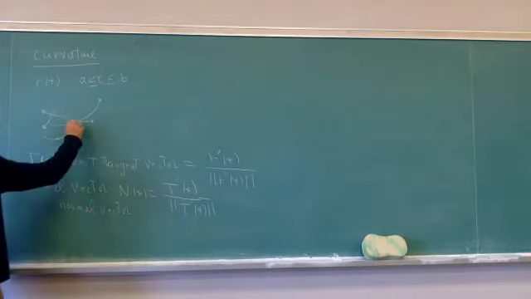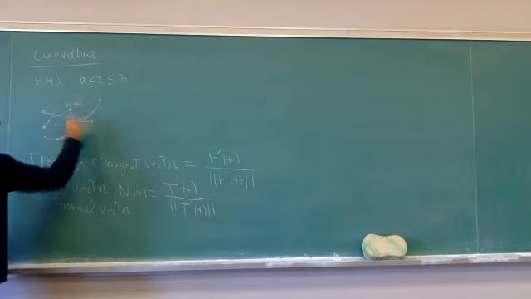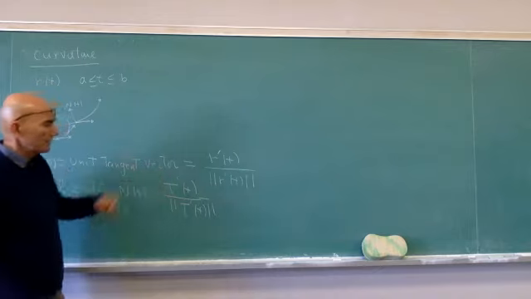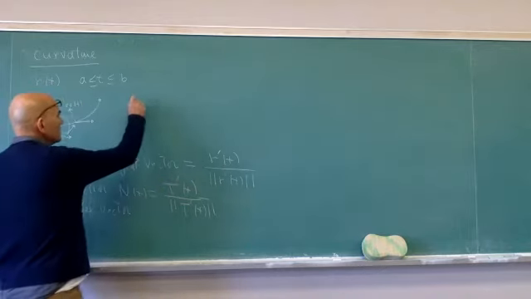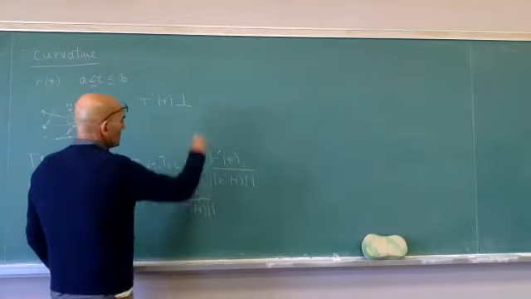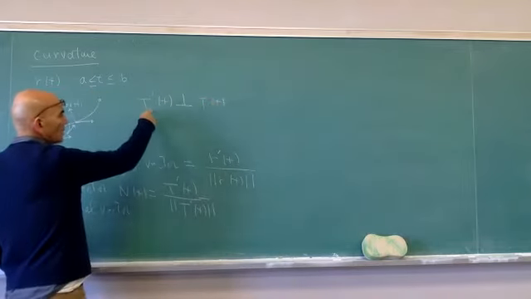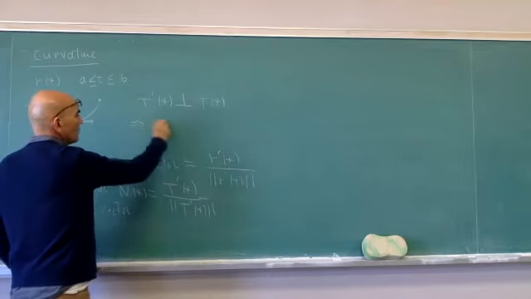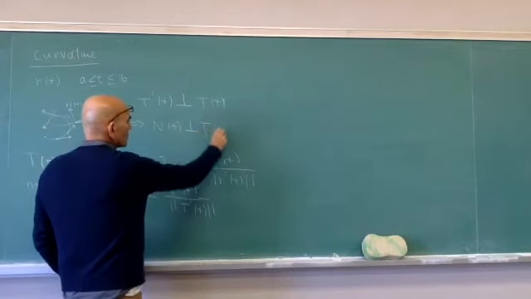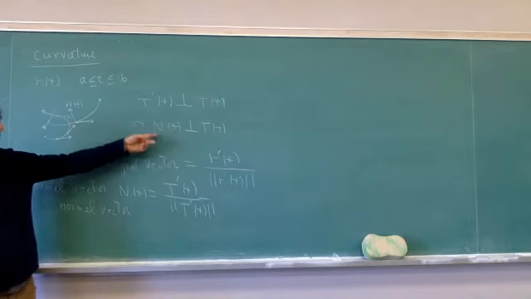This normal vector is always orthogonal to the unit tangent vector. T prime of t is always orthogonal to T of t. We checked this in class. As a result, N of t is also orthogonal to the unit tangent vector, because after all, N is nothing but T prime divided by its length.